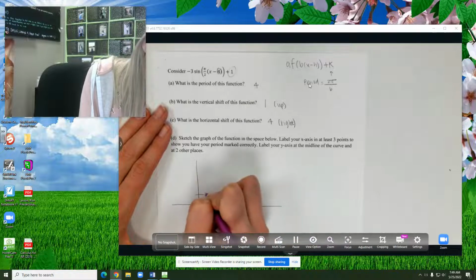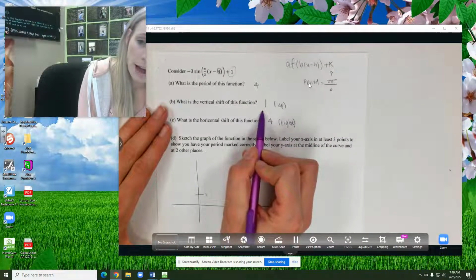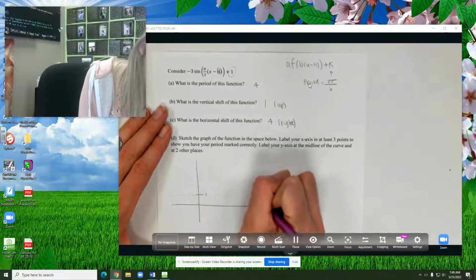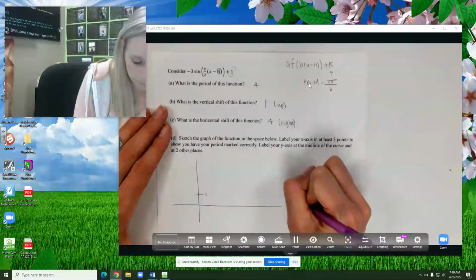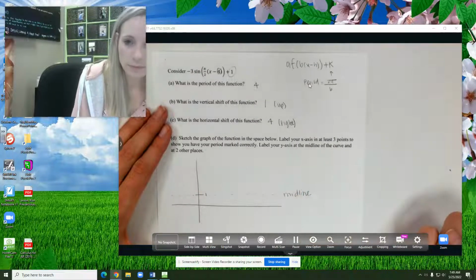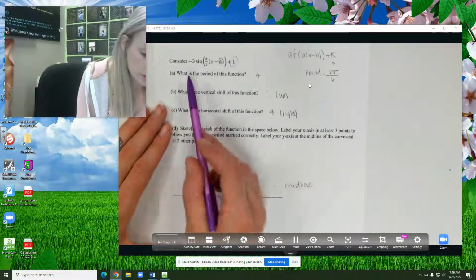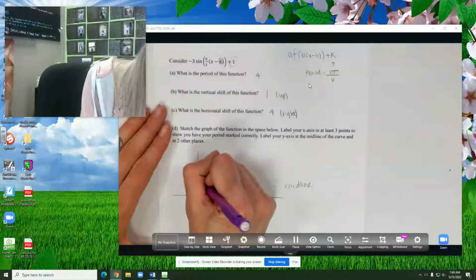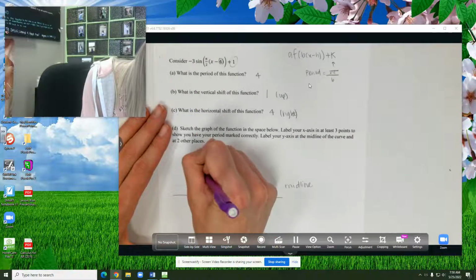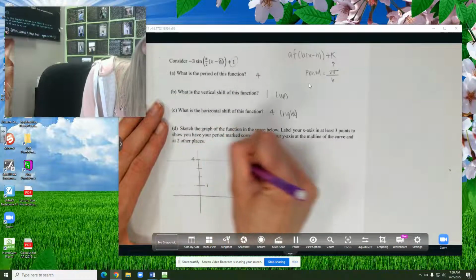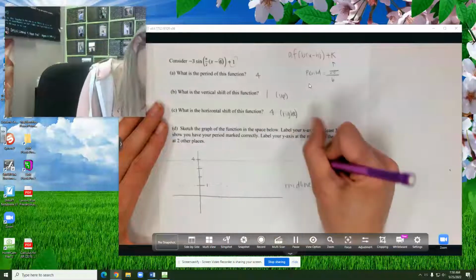My midline is at 1 because of that vertical shift. So I'm going to draw just a dotted line so that I know this right here is my midline. My amplitude is 3, meaning from 1 I can go up 3 units. 2, 3, 4. This is where my max of the function is.